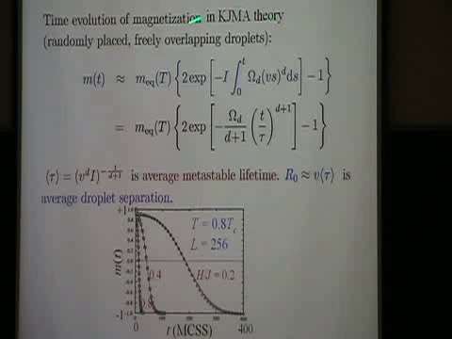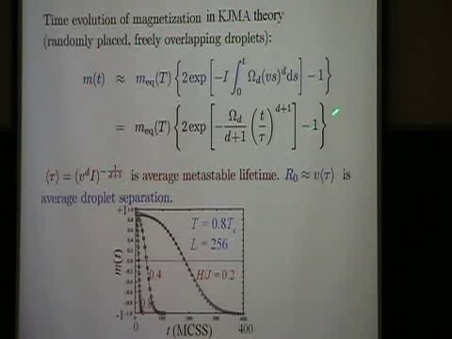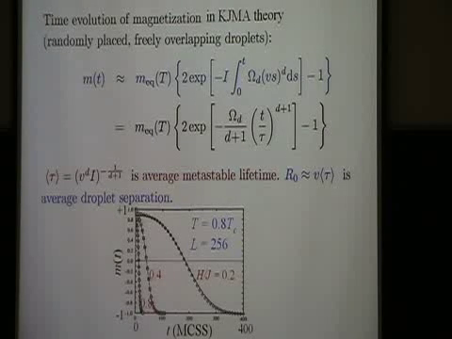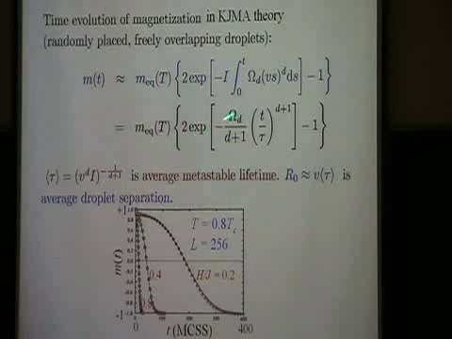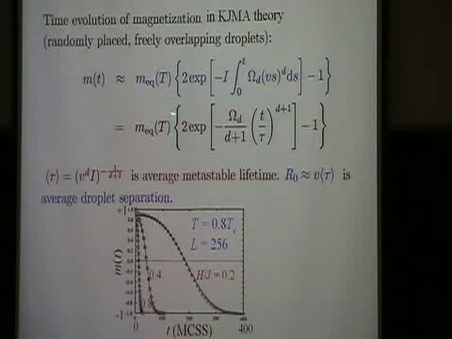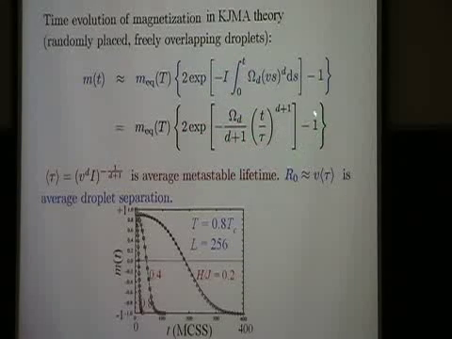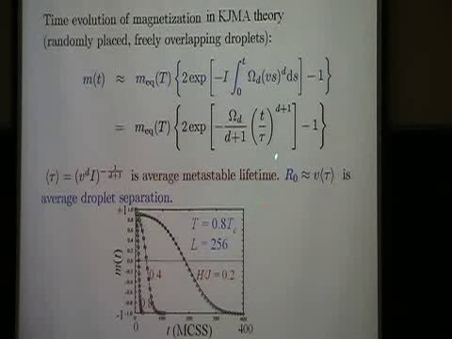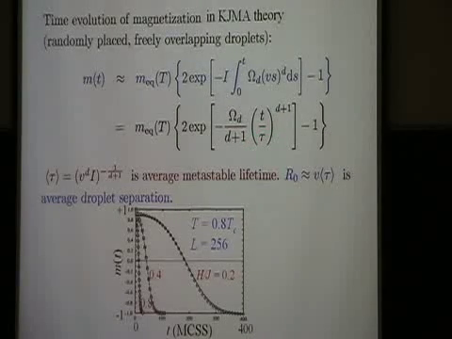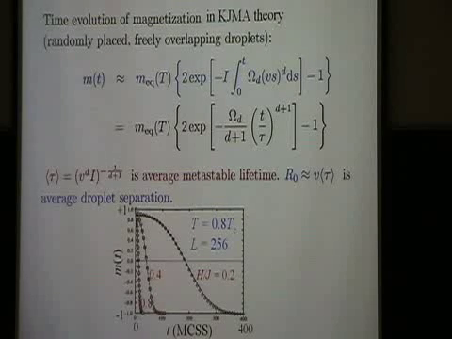Before we go there, just reminding you, if I just change the field from, say, plus to minus and let it sit there, then the magnetization will go in time from plus to minus with this e to the minus (t/tau) to the d plus 1 behavior, where this tau is the characteristic switching time that I can essentially just measure by doing field switches.